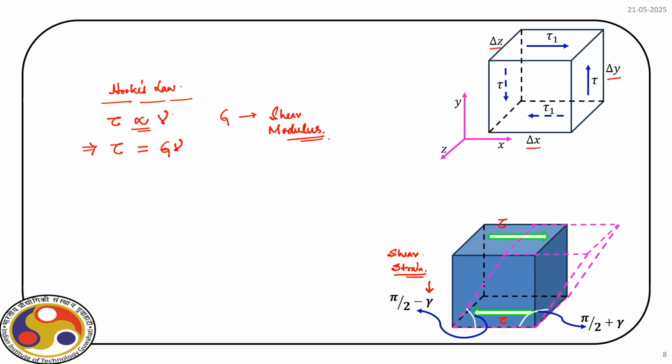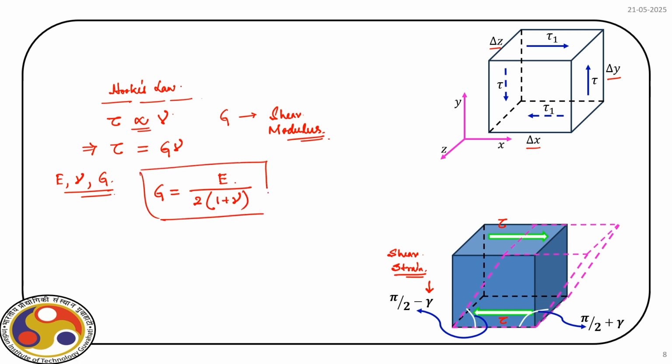So, we have already defined Young's modulus, Poisson's ratio, and now we have G, capital G, that is the shear modulus. And what is the interrelation between them? G is equal to E divided by 2 times 1 plus nu. So, that is the relation.